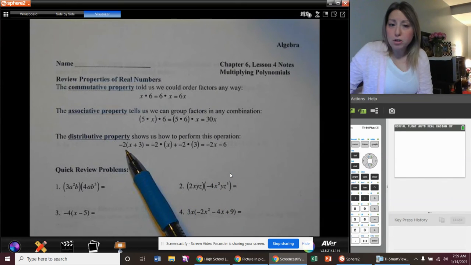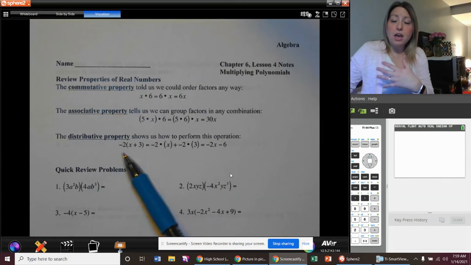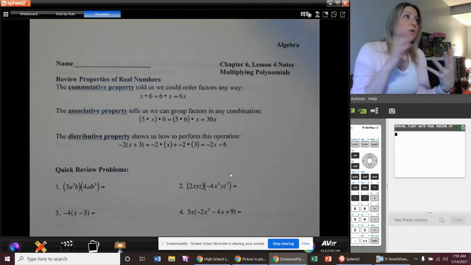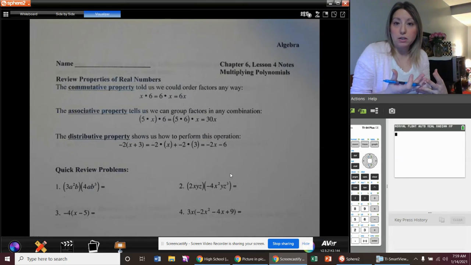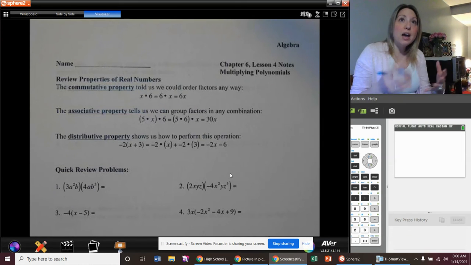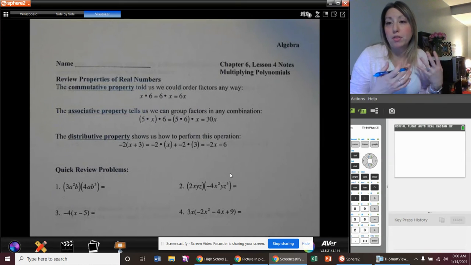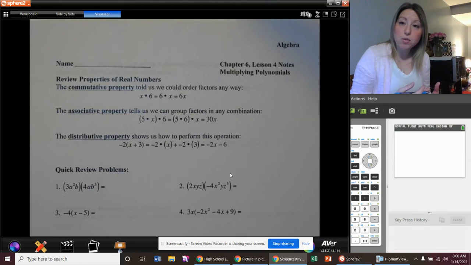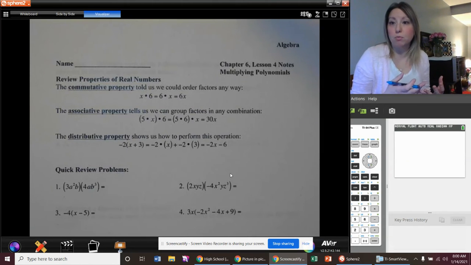Then the distributive property tells us that it doesn't matter if we add what's inside the parentheses first or we multiply by what's inside the parentheses first. Either way, it's going to come out in the wash as the same result. Now, that is typically looked at better with all numbers. But now that we're in the polynomials unit, we really need to understand that that is used here backwards.